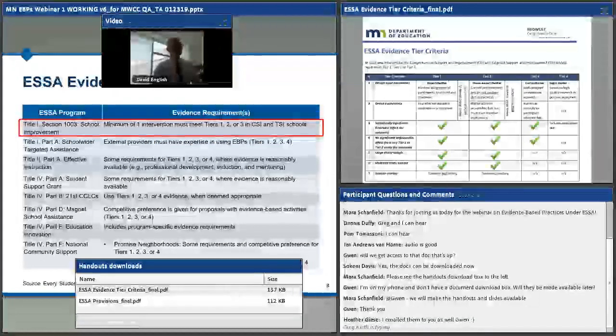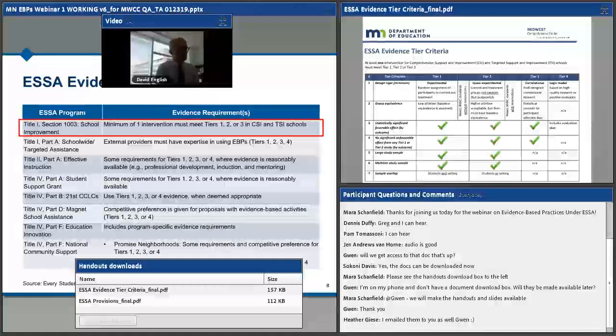But we also know that ESSA is really focusing us on this criteria around evidence. This handout that is also available to you demonstrates that there's a number of provisions across Title I, II, and IV that call for evidence-based practices.